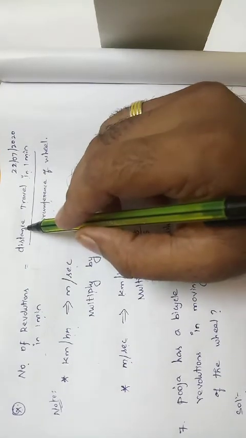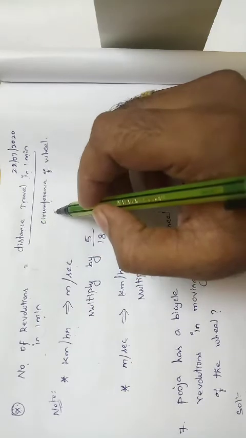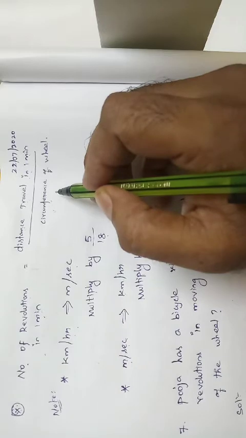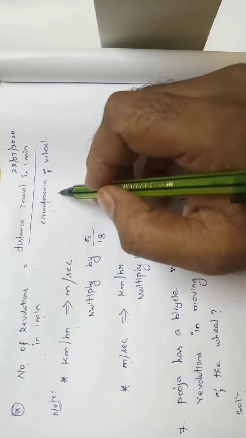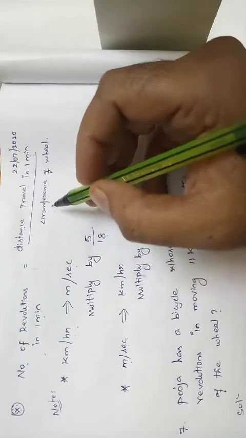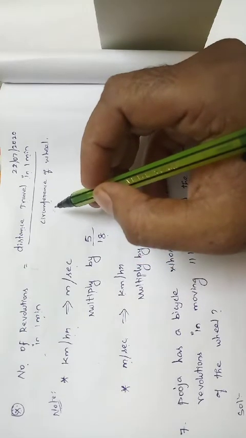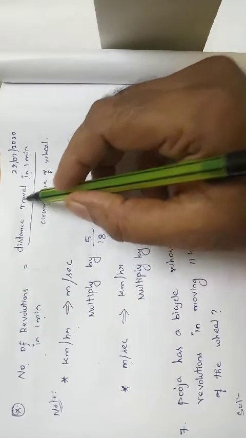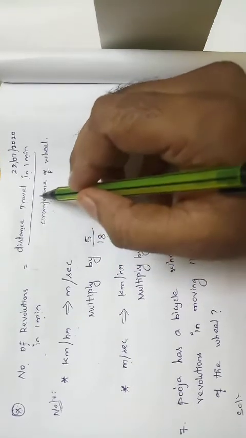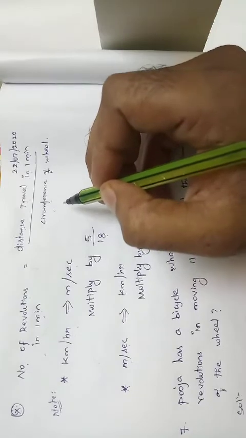If the distance is in centimeter, the circumference of the wheel should also be in centimeter only. If it is in kilometer or meter, we have to convert. Both the distance and the circumference should be in the same units. That is very important.